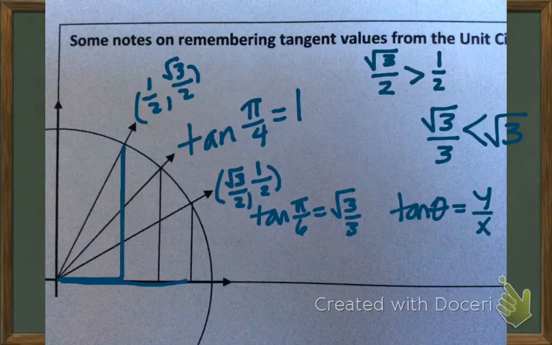So then when we reverse that up here at pi/3, now when we do y over x, the big number's on top, which means that the tangent of pi/3 is the square root of 3. And I know you labeled those the other day if you followed my instructions, but at the same time it's good to think about all those relationships just so you don't find it confusing later.